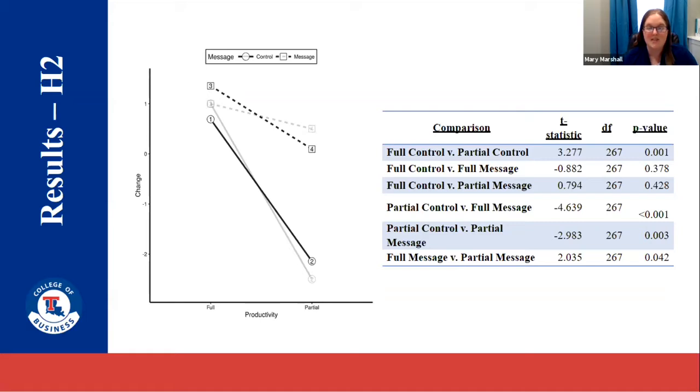So in this context, the message actually offset that incentive to be further non-compliant in future rounds. I think that's a pretty interesting thing to think about because all we did was remind them of some service effort that the IRS is doing, and it actually offset the negative effect of declining productivity.